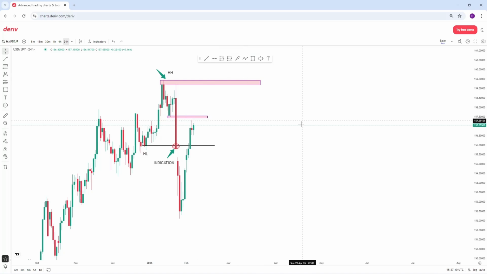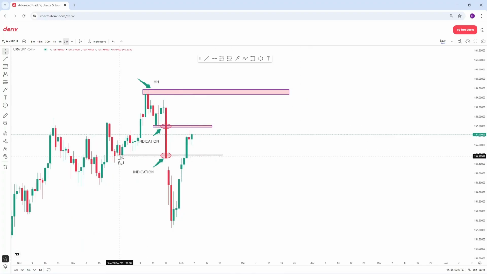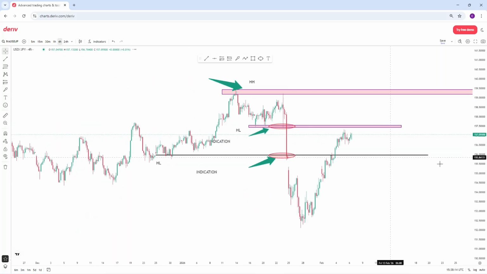Someone would have used this as an indication. This is also an indication right from here. See, there was a higher low here and another higher low. So the market broke these higher lows. Let me show you clearly.